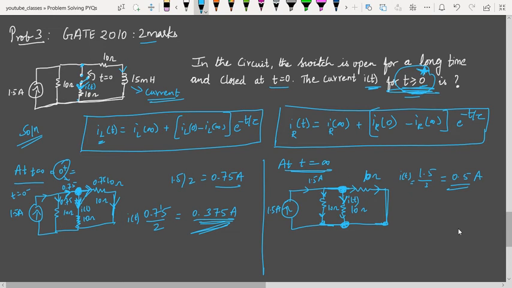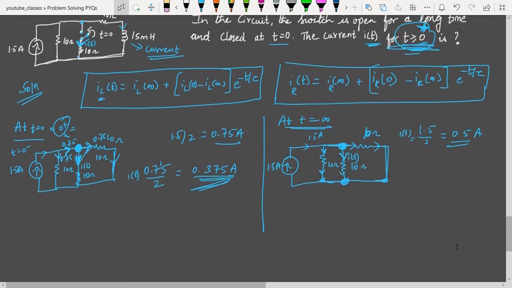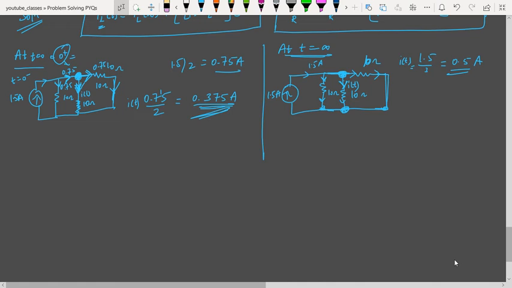Okay, so now we have the values at t equal to 0 and at t equal to infinity. Very good. Of the 3 parameters, only one thing we need to find is tau. To find tau, we should get the equivalent resistance value, so let's draw the circuit diagram.